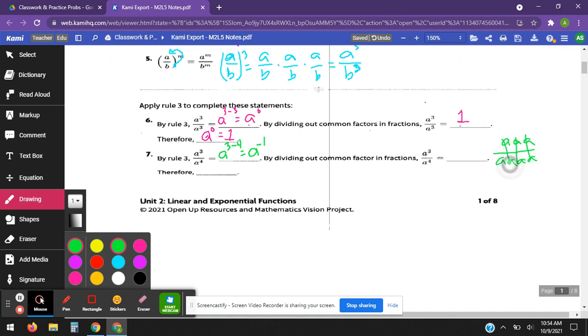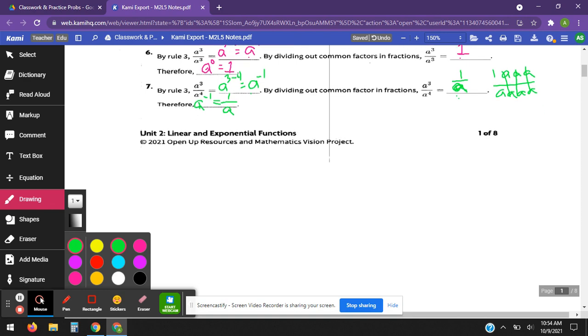If we cancel out, I'm left with a 1 on top and an a on the bottom. So therefore, we can say a to the negative 1 equals 1 over a. Okay, so those are rules you should have learned last year, but just in case, that's some more proofs on how we got there.